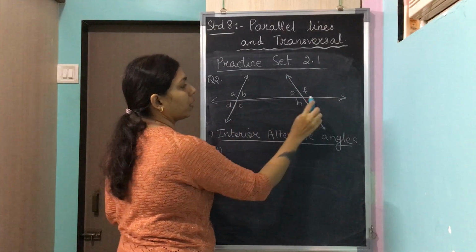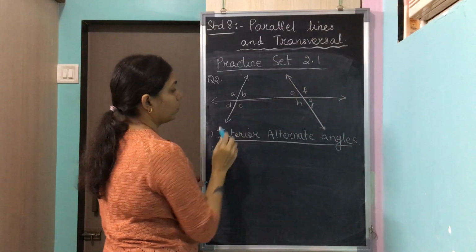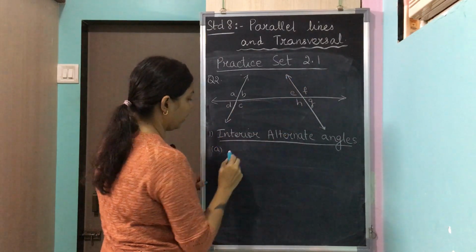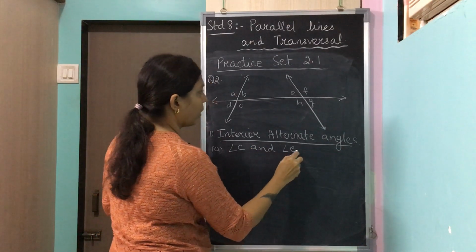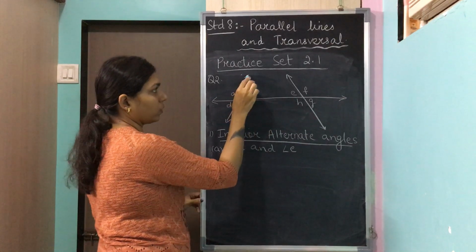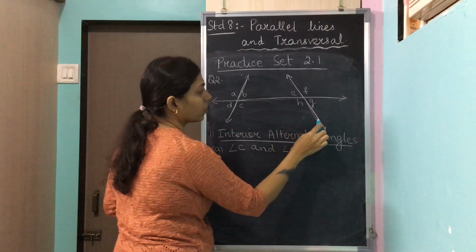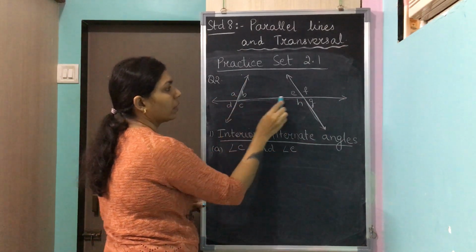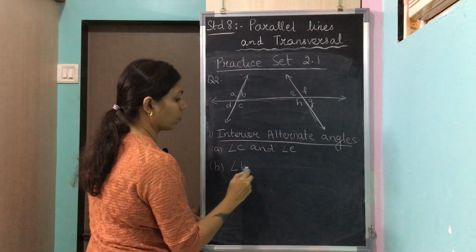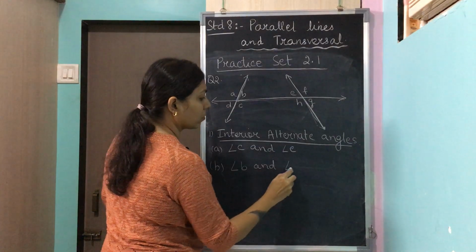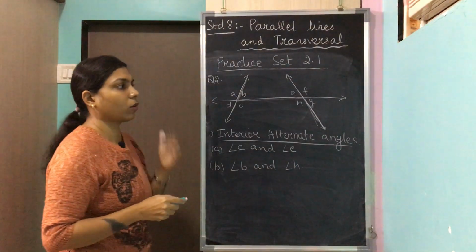So it's forming like this Z, so that's angle C and angle E. And if you look at it from the other way, it's forming something like this, inverted Z, which is angle B and angle H. Okay, please copy it down.